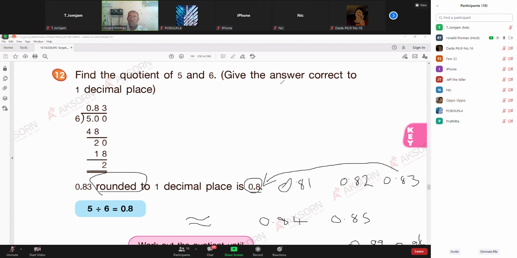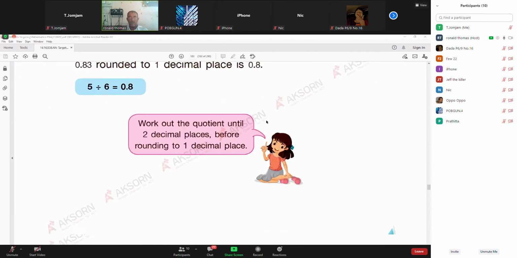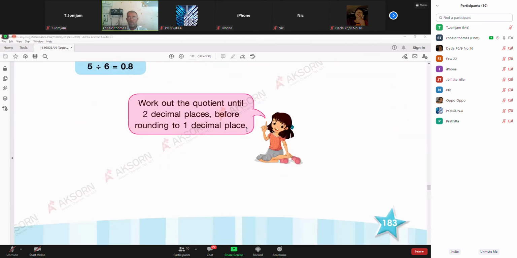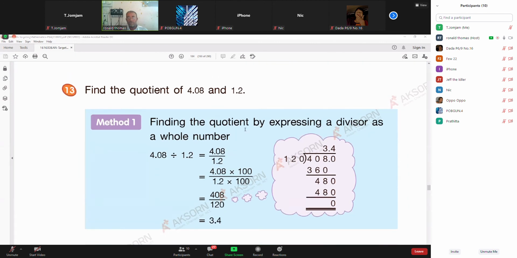Please look at page 184, everybody. Now, dividing the quotient, that's a number divided by a number. Finding the quotient by expressing a divisor as a whole number.